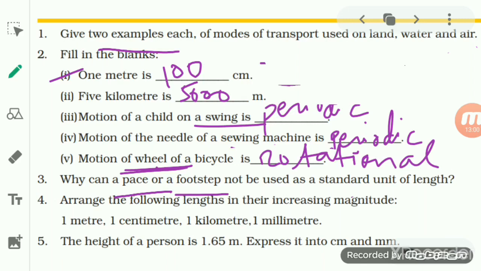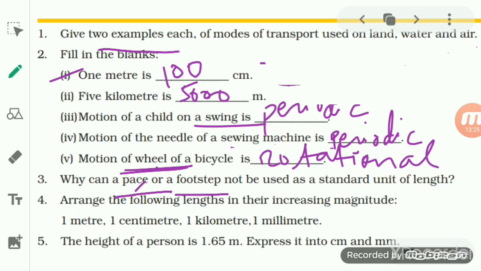It is because the size of a pace or a footstep of different people is different, so the length measured by two different persons using their footstep will not be the same.